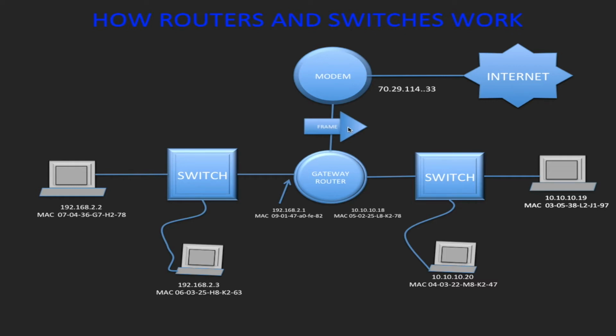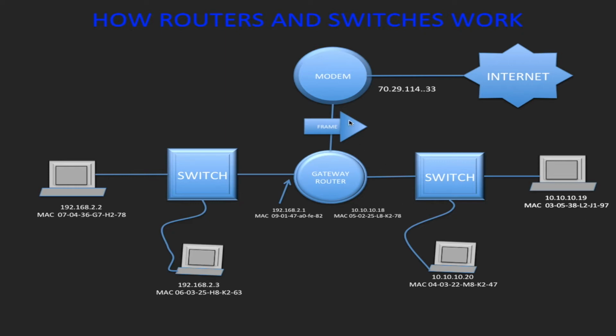So what it does is it replaces the MAC address, which is the source 070436G7H278, and the destination MAC address 090147ADFE82, and it replaces it with this one here, 050225L8K278, and this becomes the source MAC address, and the destination MAC address will be this address 030538L2J197.